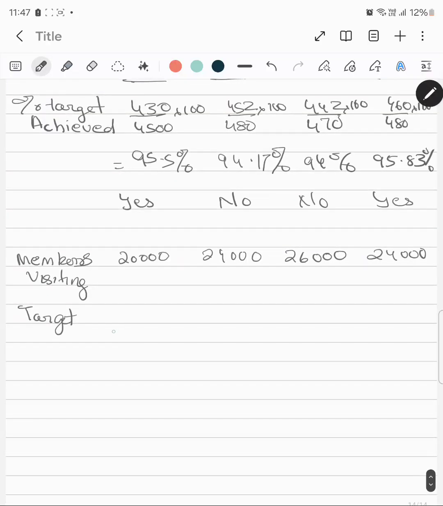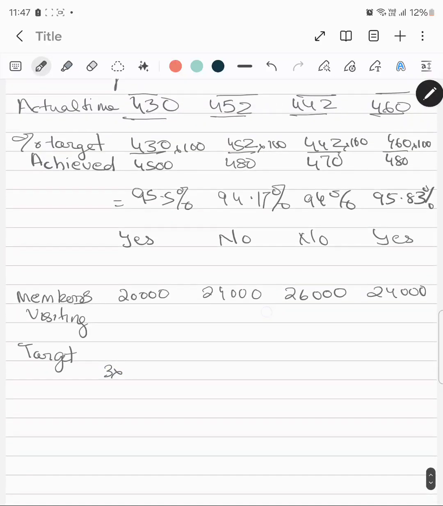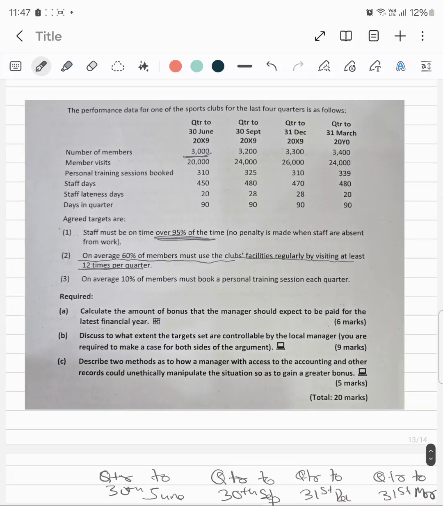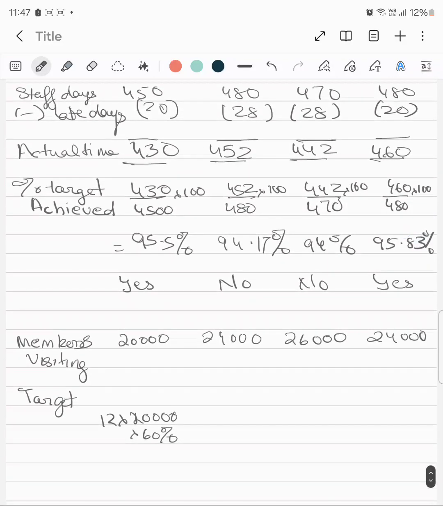So number of visits should be 12, and the number of members are 20, and the target will be achieved by 60% of the members visiting. So it's 20,000 into 12, 60% of it. Have I done something wrong? No, it's 3,000. Sorry, it's not 20,000, it's 3,000.